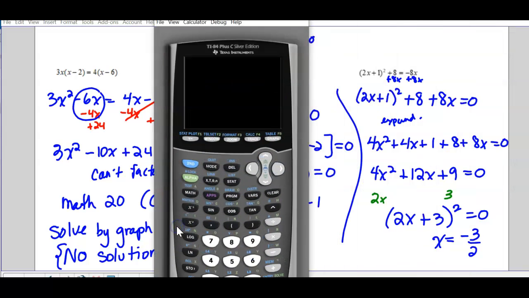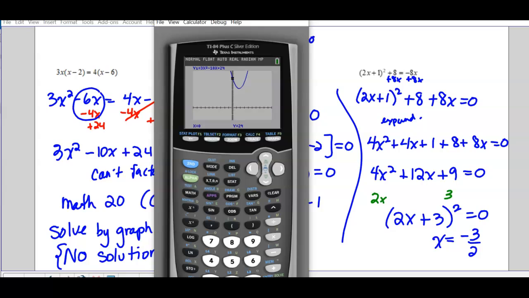So again, I'm going to go to this here, rather than going to the beginning, and I'm going to enter that equation, the simplified one where I have 0 on one side. I'm going to go back to my standard screen because my y-intercept is 9.